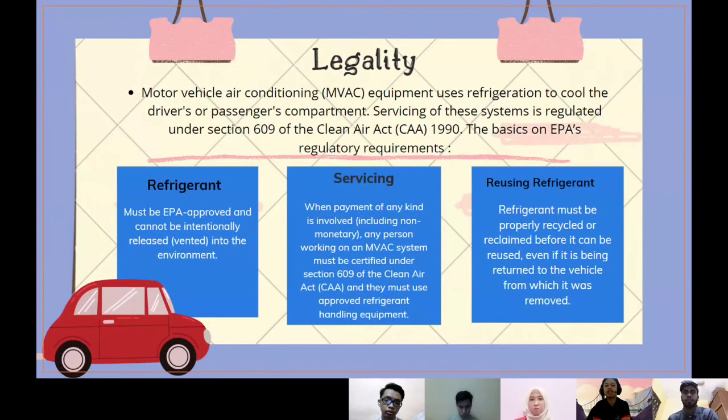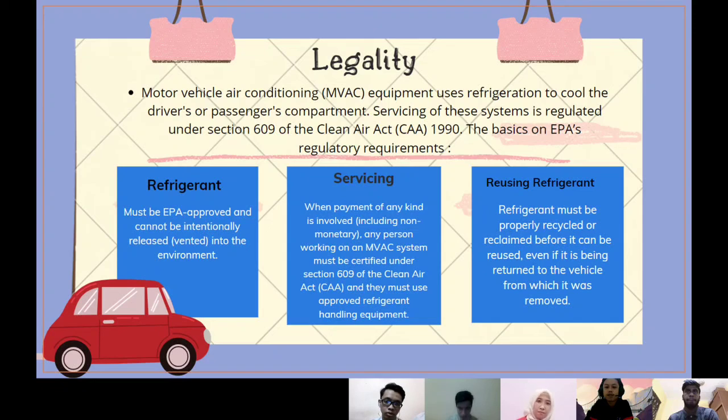The next is legality: motor vehicle air conditioning, or MVAC, equipment uses refrigerant to cool the driver's or passenger's compartment. Servicing of this system is regulated under Section 609 of the Clean Air Act 1990.